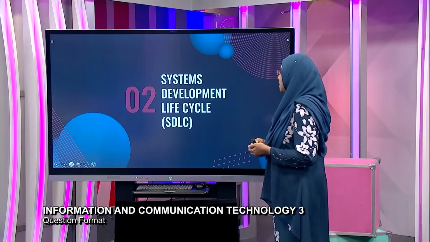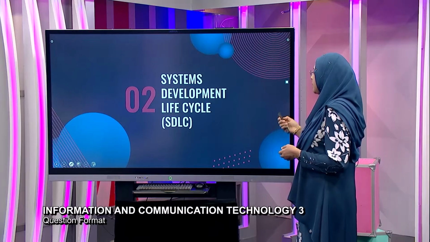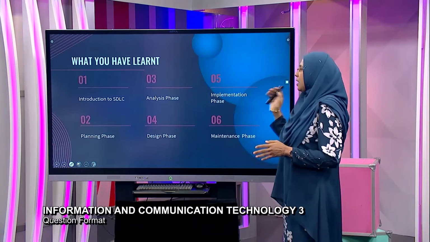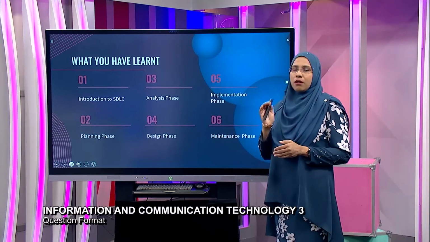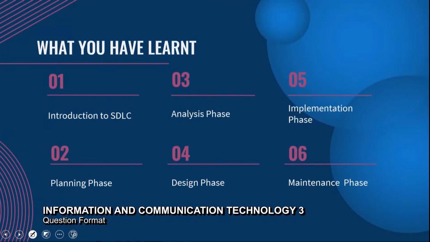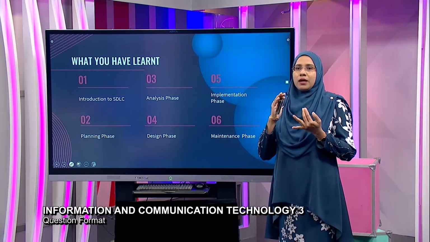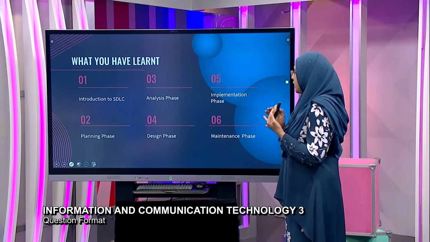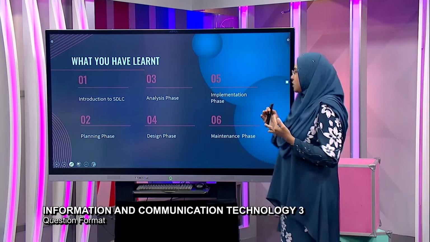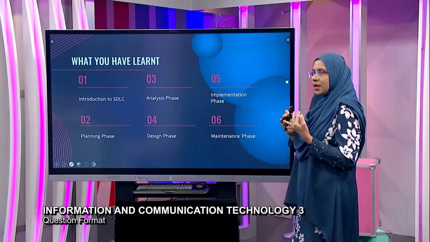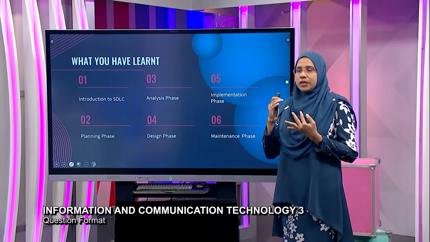The second chapter, System Development Life Cycle, is a very big chapter. What you learn in this chapter is all 5 phases of the System Development Life Cycle: planning phase, analysis phase, design phase, implementation phase, and maintenance phase. What is important is that you must know all the personnel involved, the activities, and the deliverables of each phase.